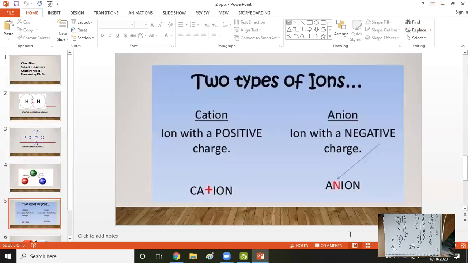Here I have given you the two types of ions, cation and anion. An ion with a positive charge is called a cation, and an ion with a negative charge is called an anion. So I think all of you understand the things.